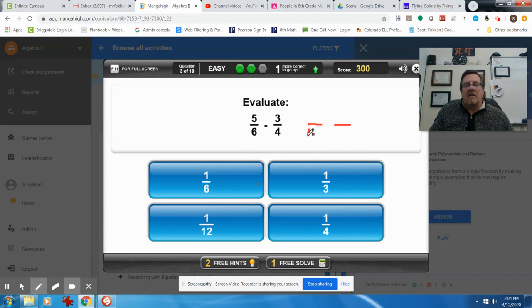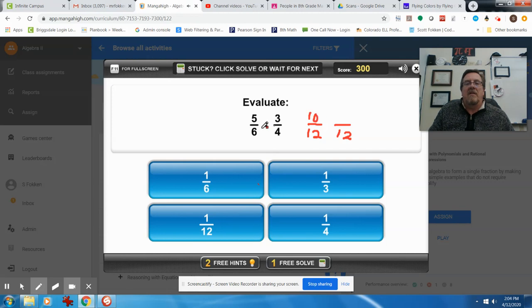And yeah, 12 is something that they can both go into. So think about it. What do I have to multiply times 6 to get to 12? Got to multiply by 2. So what should we multiply the numerator by? If we multiplied the denominator by 2 to get 12, let's multiply the numerator by 2, and we'll get 10.